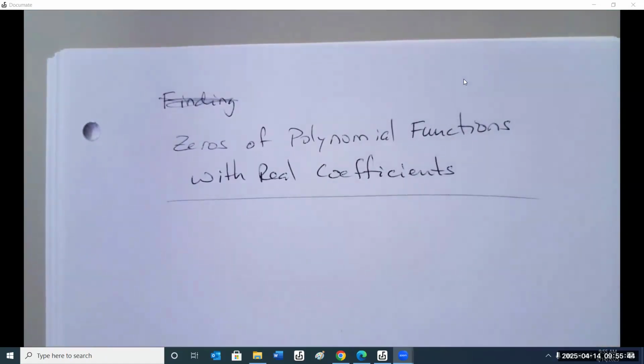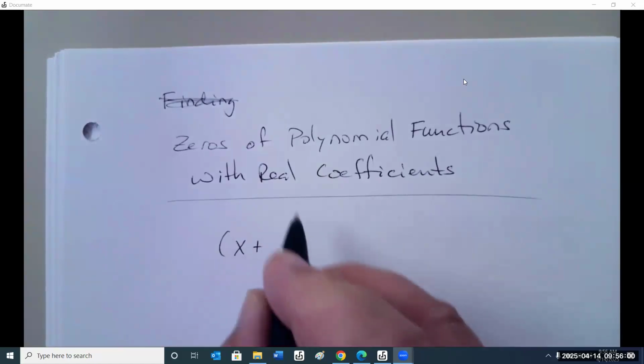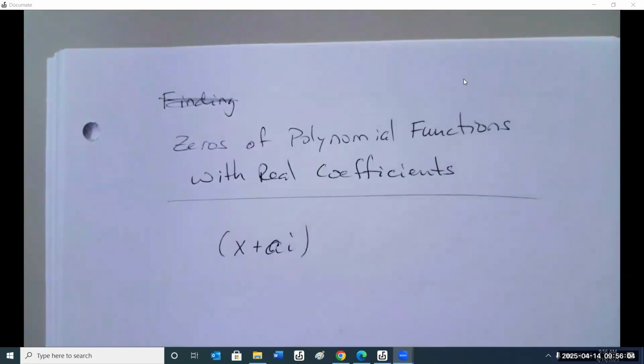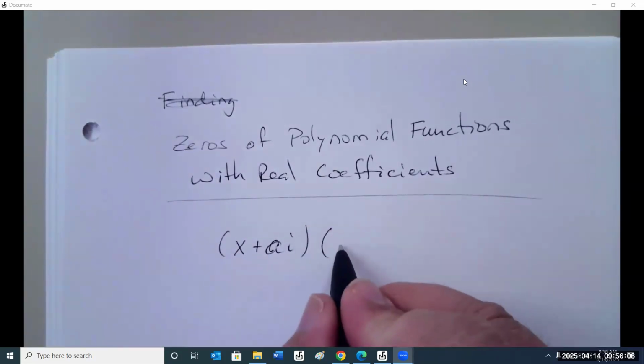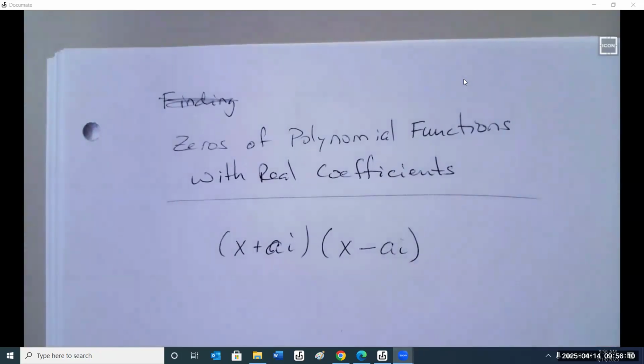We have to be very careful here that whenever we have a complex solution, whenever we have an x plus ai, we have to have an x minus ai.